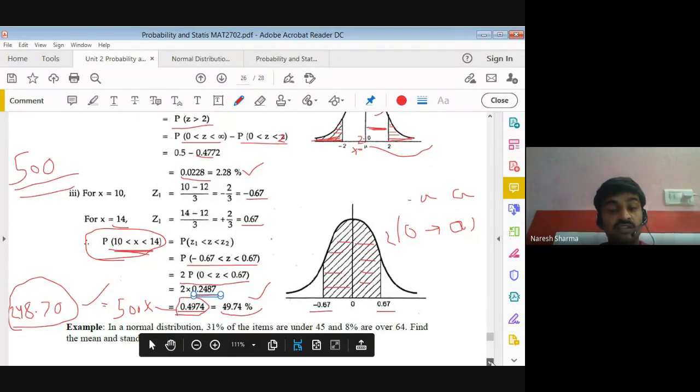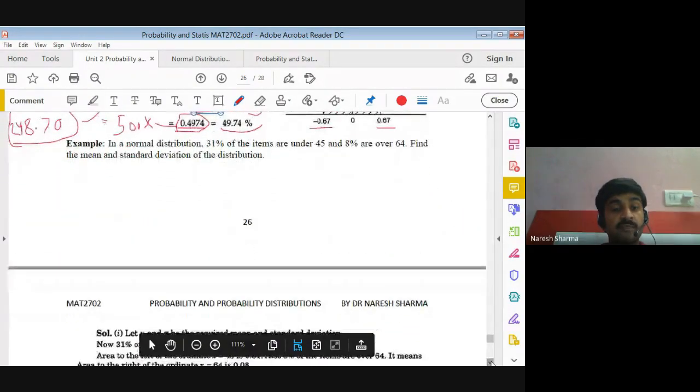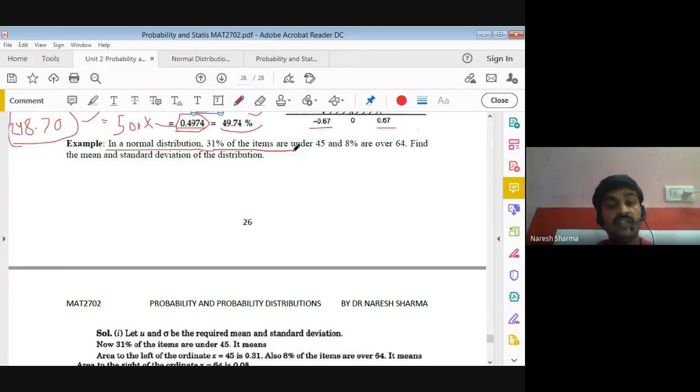One more important example I would like to discuss. In a normal distribution, 31% of items are under 45 and 8% of items are over 64.